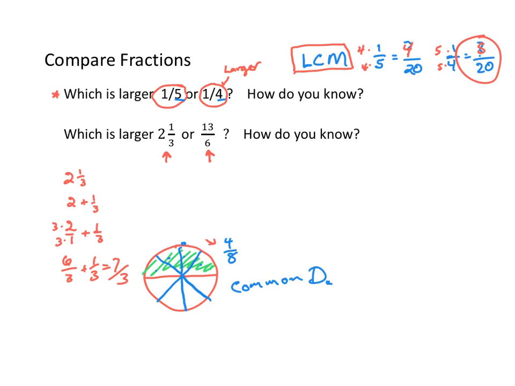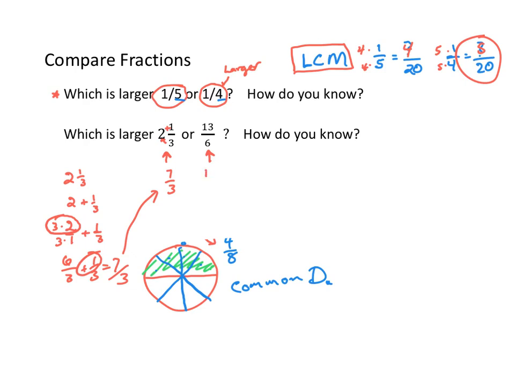Now, the shortcut, which a lot of you remember, is multiply 3 times 2 plus 1. 3 times 2 is 6 plus 1. That's 7/3. There it is, 7/3. And the reason we're multiplying 3 times 2 is right here. And the reason we're adding 1 is right here. So that's the shortcut. So that's 7/3.